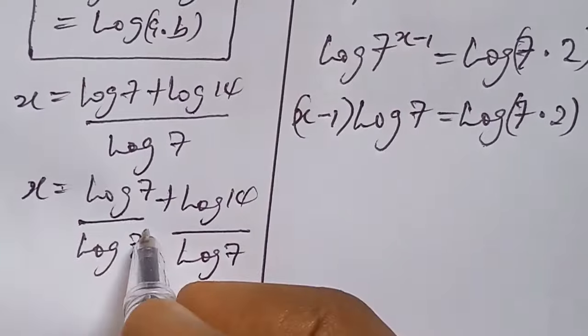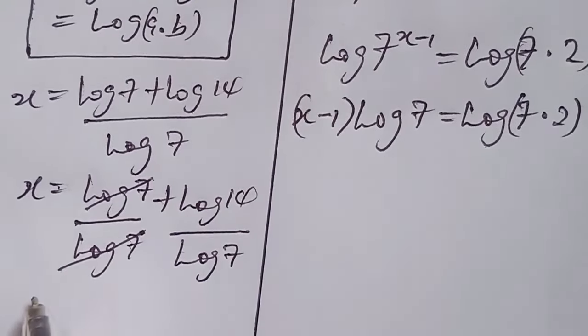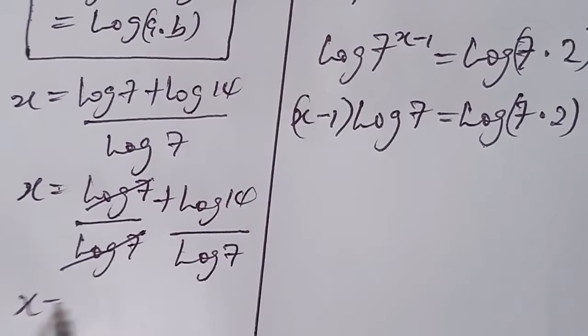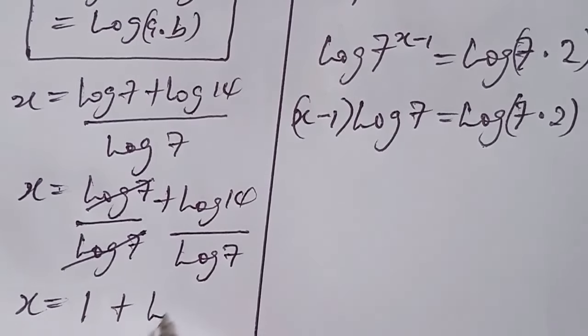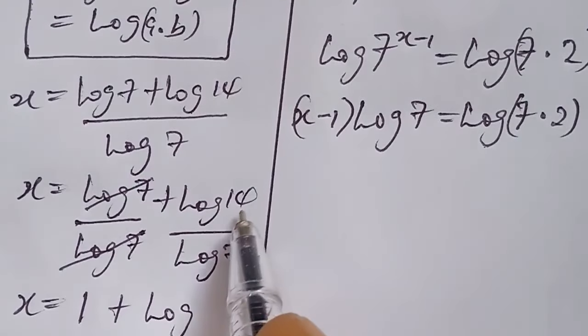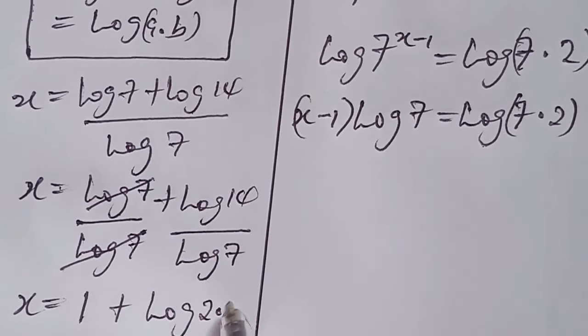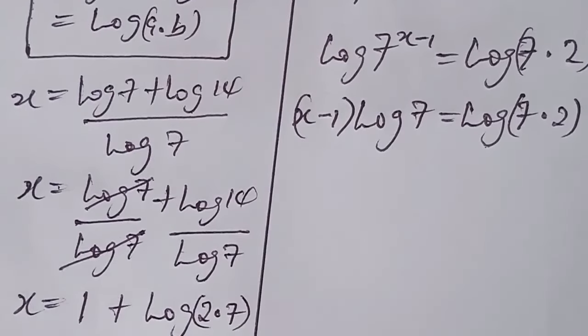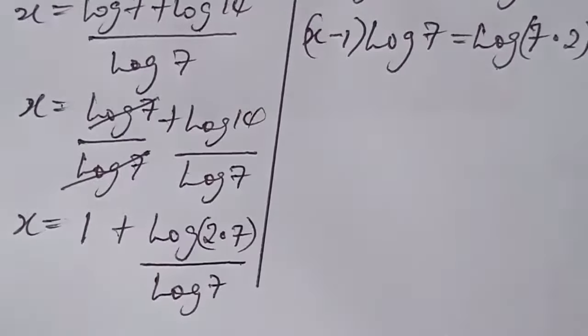So log 7 cancels out log 7, and we are now left with x equal to 1 plus log 14 over log 7, where 14 can also be written as 2 multiplied by 7.